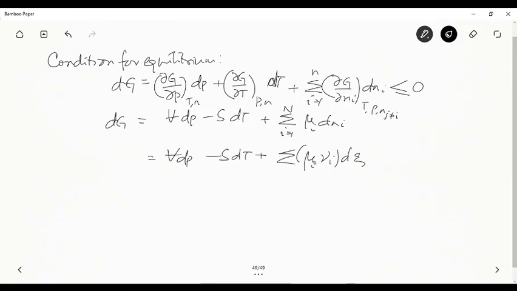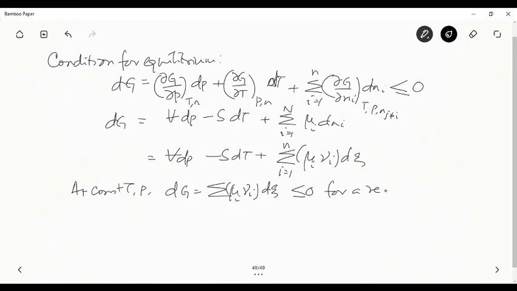This mu I corresponds to the species I, and d xi is a quantity which is independent of I, with I from 1 to n. So at constant T and P, dG is equal to the summation of nu I mu I into d xi, and this should be less than or equal to 0 for a reaction to progress.